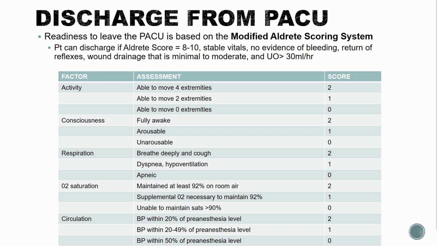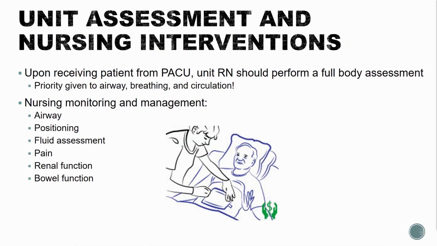Other criteria are going to include stable vital signs, normal body temperature, no overt bleeding, and then we need to see a return of gag, cough, and swallow reflexes, and they need to have the ability to swallow liquids. If our patient is not discharged home, the assessment continues in the medical surgical unit.